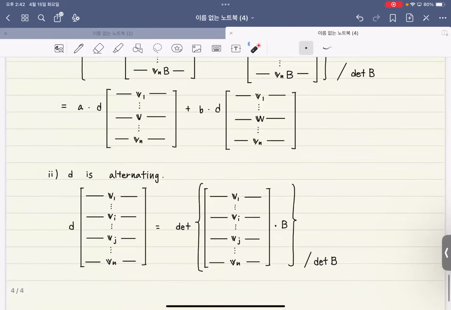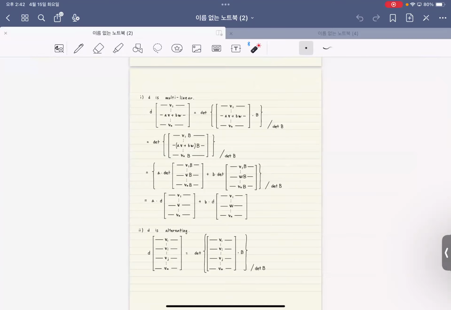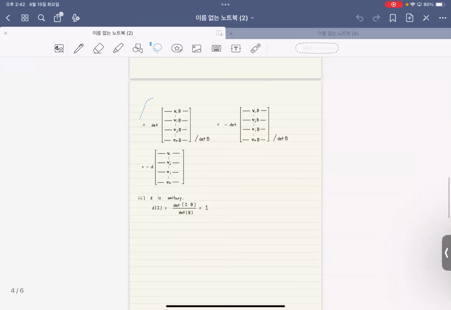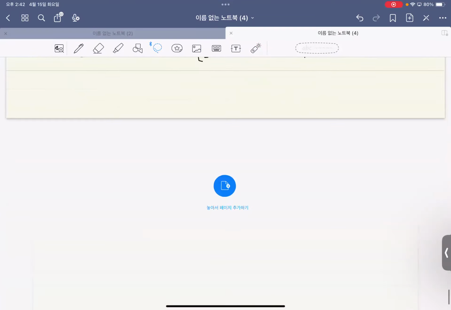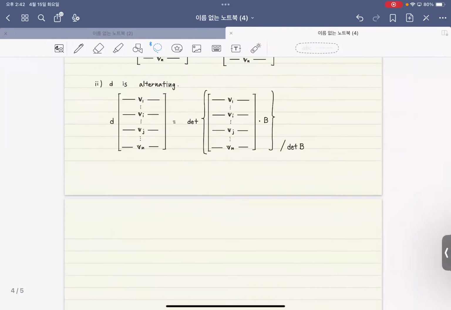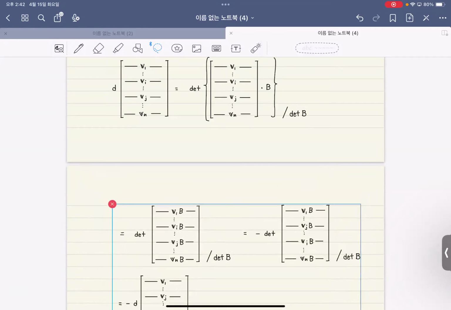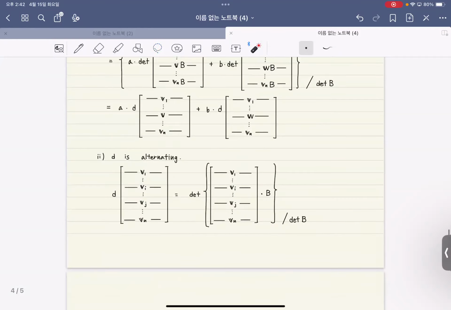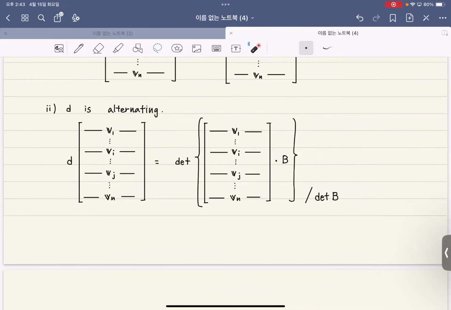And now I want to show that D is also an alternating function. So I want to compute this matrix with rows V1, Vi, and Vj, all the way to Vn.